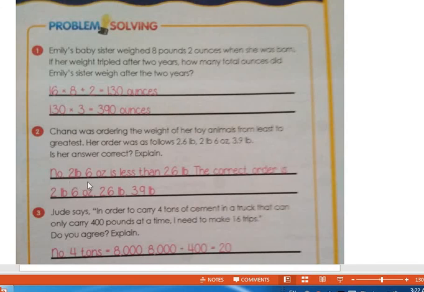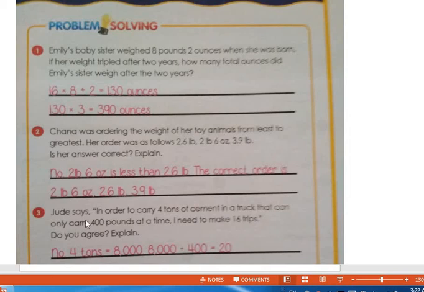Of course not, because 2 pounds 6 ounces is less than 2.6 pounds. The correct order is 2 pounds 6 ounces, then 2.6 pounds, then 3.9 pounds.